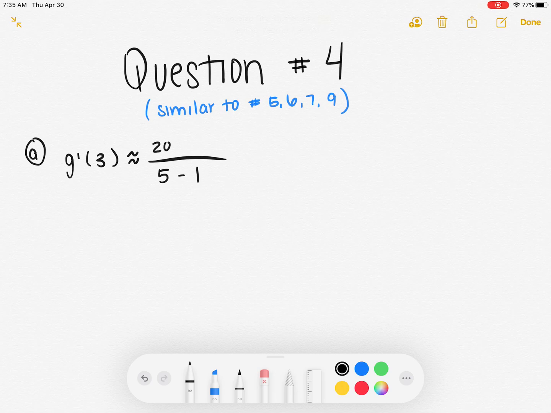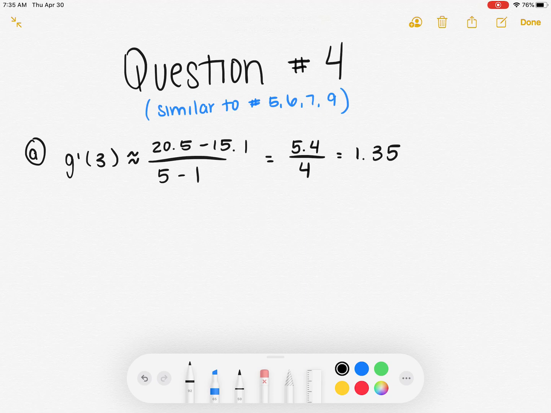Then I just take my y values from there, right off of the table. Then I'm going to put that in my calculator just to make sure I don't accidentally add or subtract something wrong. And I get 5.4 over 4, which gives me 1.35.